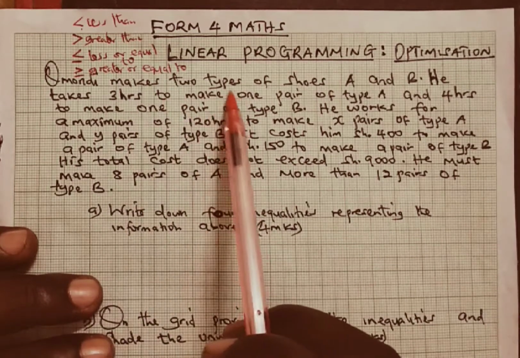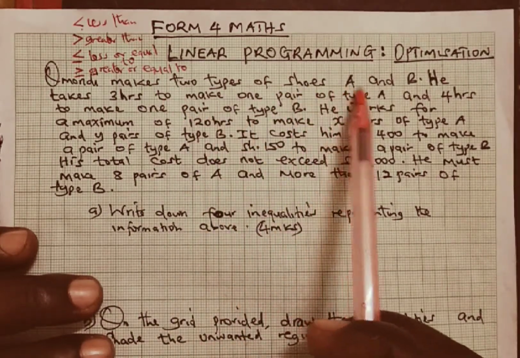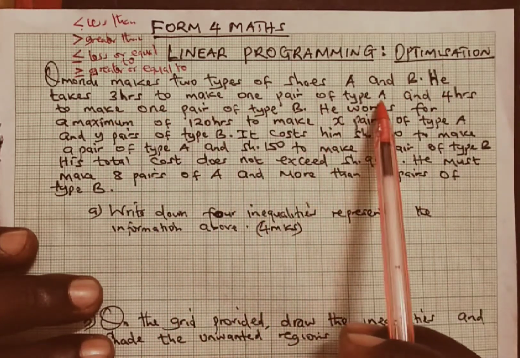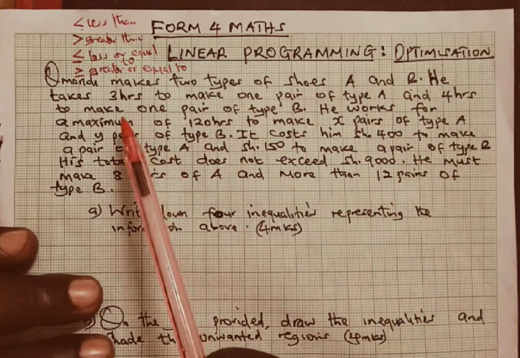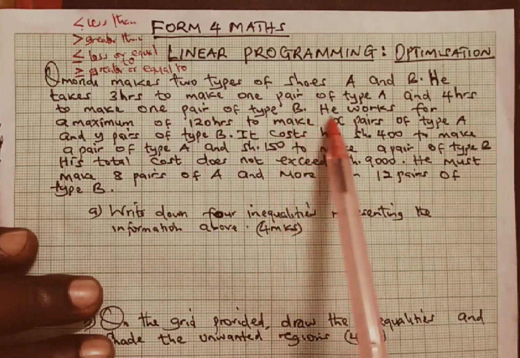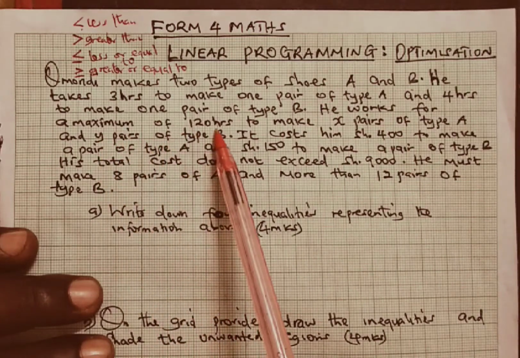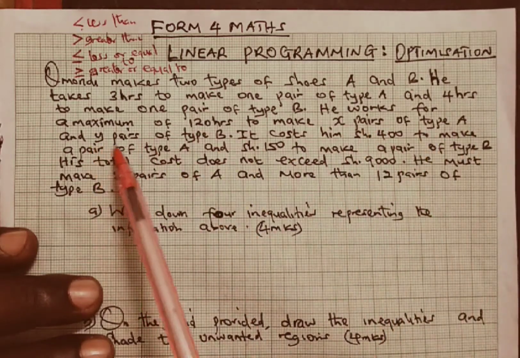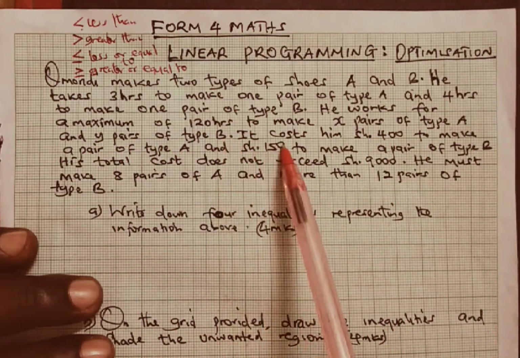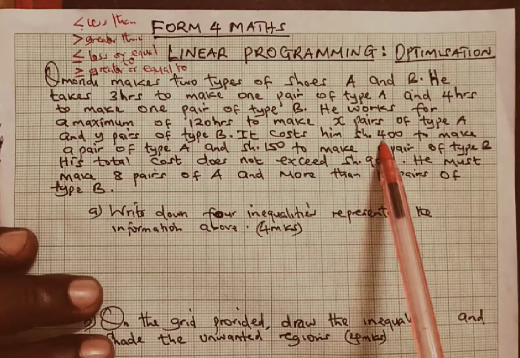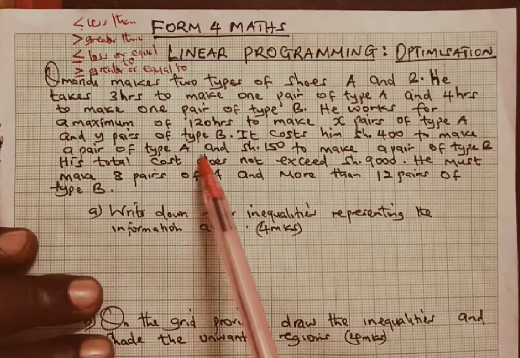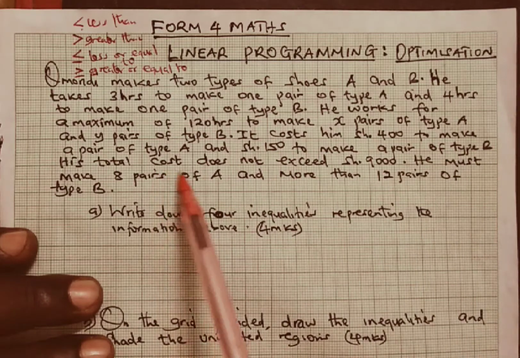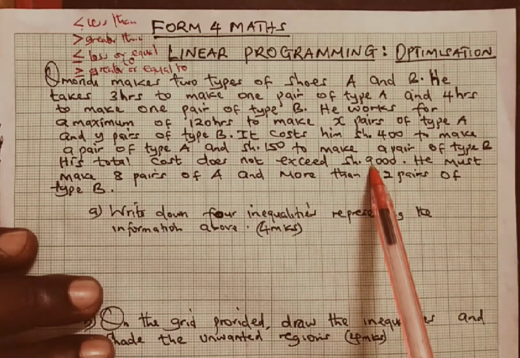Ombondi makes two types of shoes, that is type A and type B. He takes 3 hours to make one pair of type A and 4 hours to make one pair of type B. He works for a maximum of 120 hours to make X pairs of type A and Y pairs of type B. It costs him 400 shillings to make a pair of type A and 150 shillings to make a pair of type B. His total cost does not exceed 9,000 Kenya shillings.